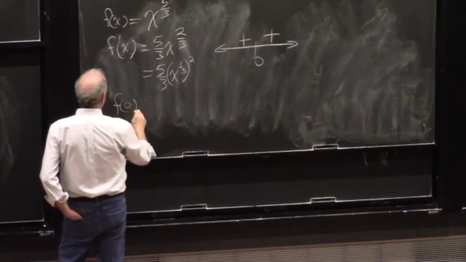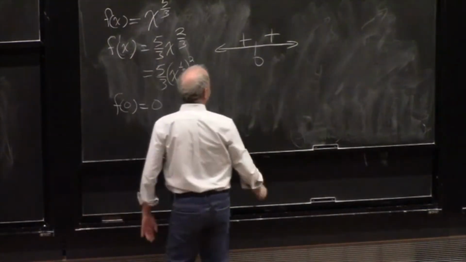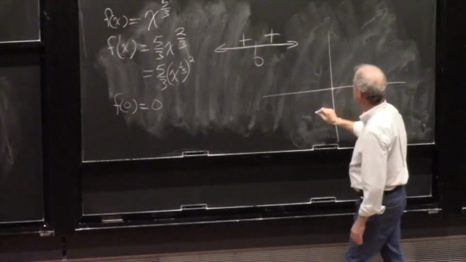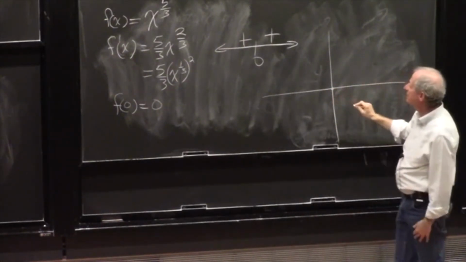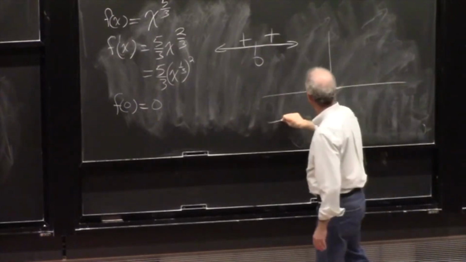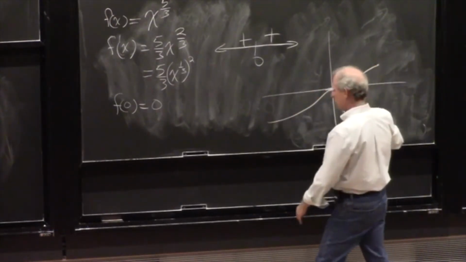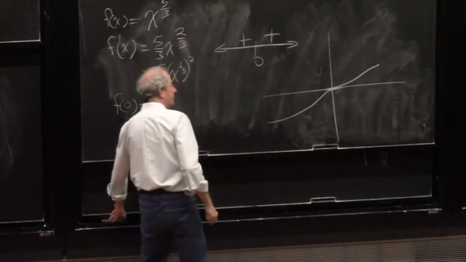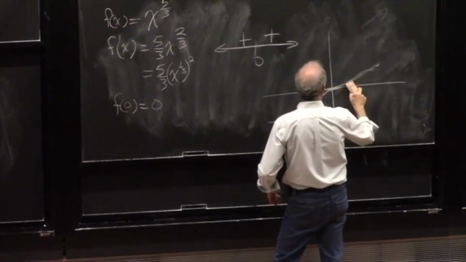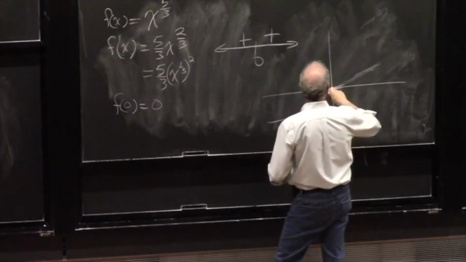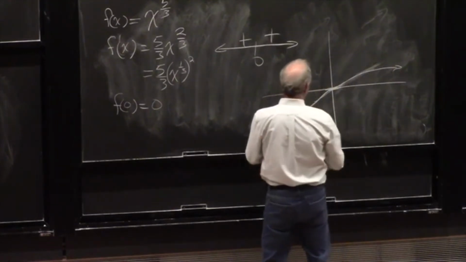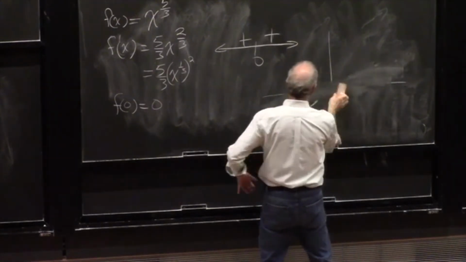F at 0 is 0, so it goes through the origin. And it's flat right here. Oops. Ignore that picture. It's very hard to do with the board.